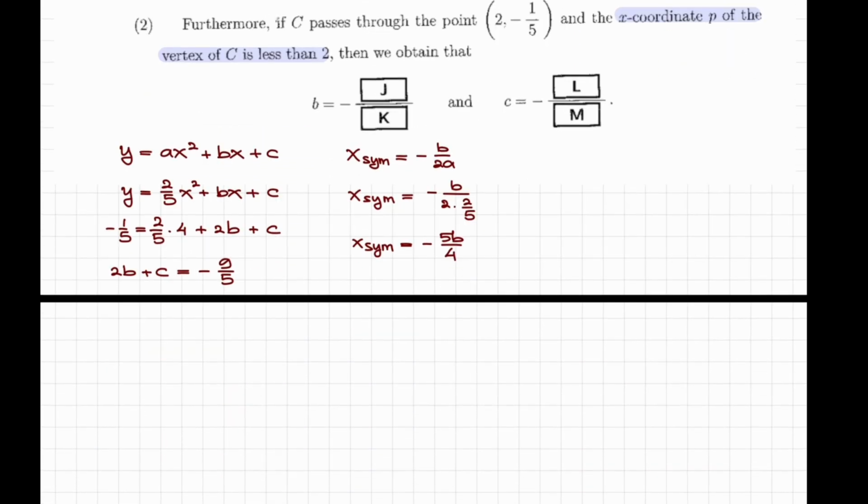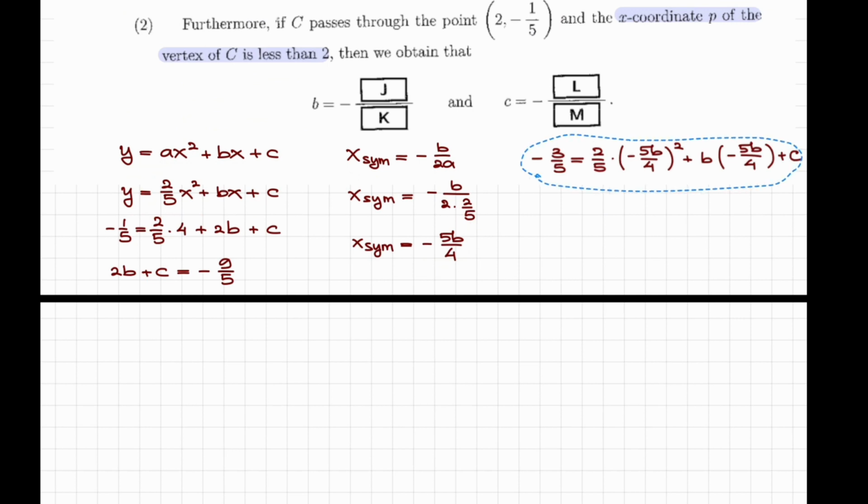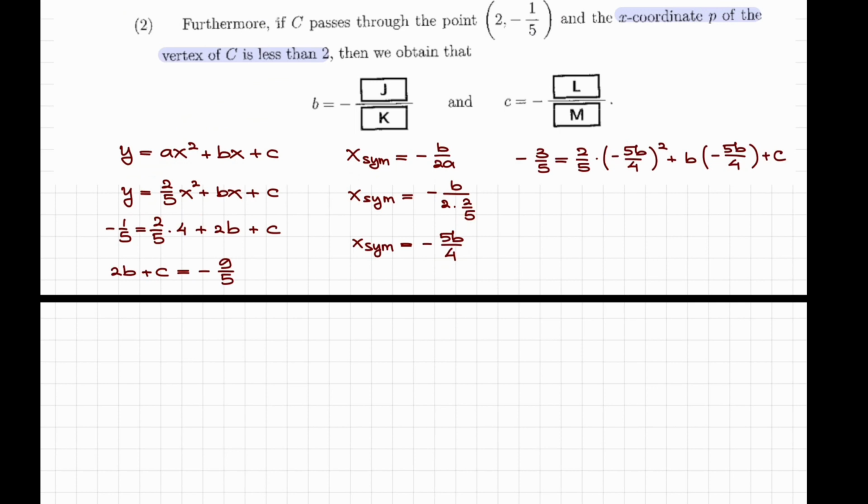So if I substitute x symmetrical into this equation, y equals -3/5 equals 2/5 times x squared, this is our x, (-5b/4) squared, plus b times (-5b/4), plus c. I think this is my second equation that I will use to find B and C.